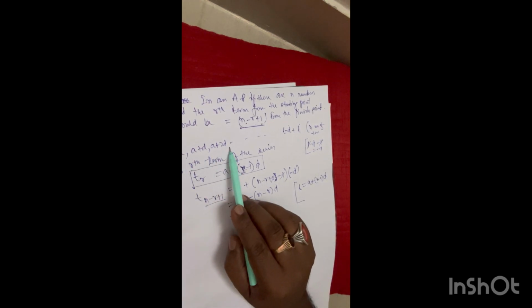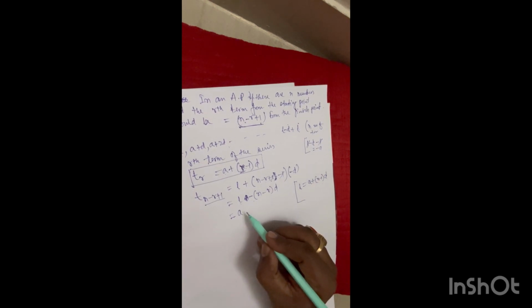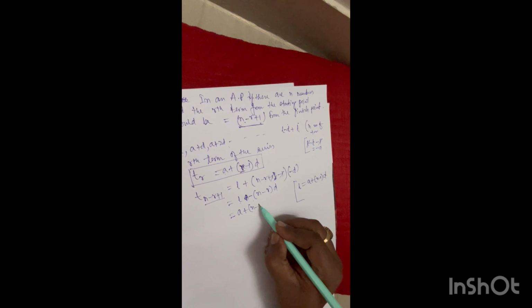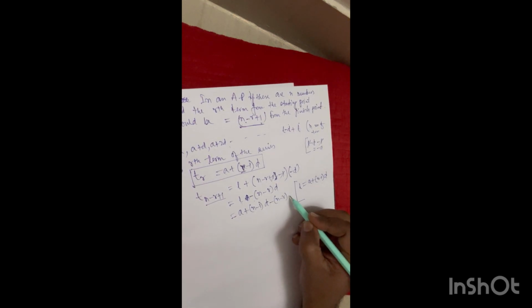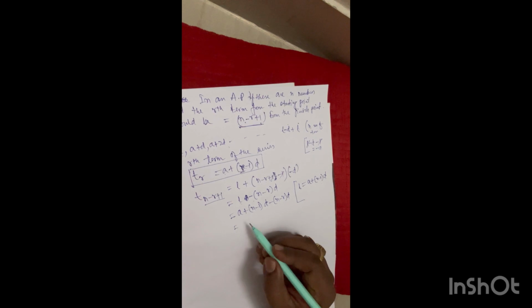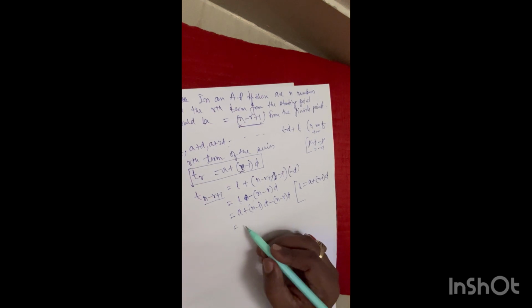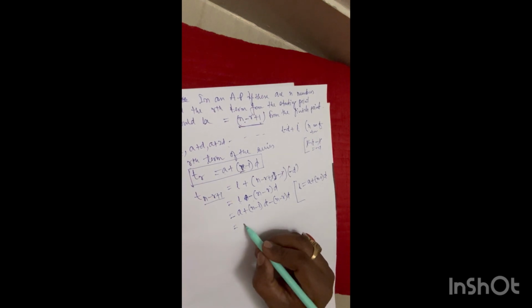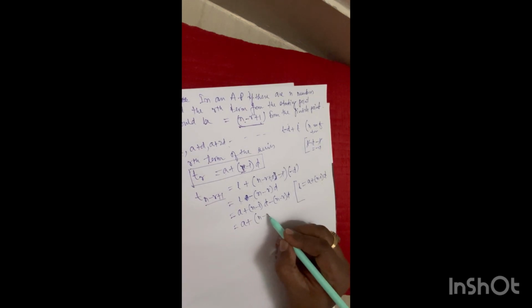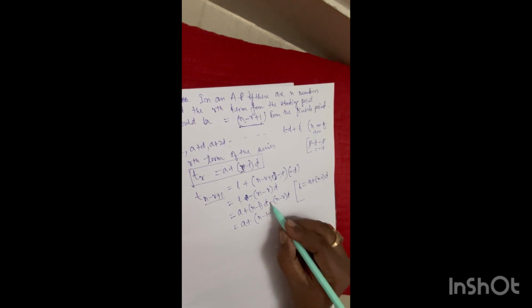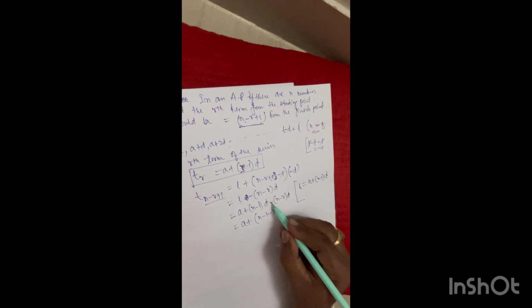Considering the first term and the nth term, this is the last term. So if I replace the value of L, this is (n minus 1) into D minus (n minus R) into D. If I simplify, D will be common: (n minus 1 minus n), because the bracket will be removed and the minus will be adjusted inside with its sign.